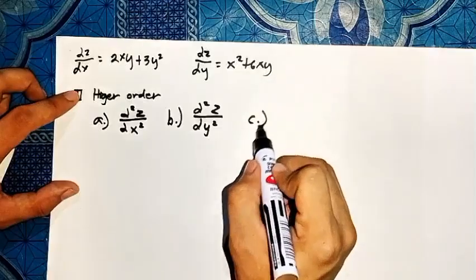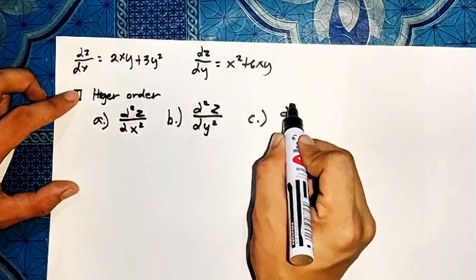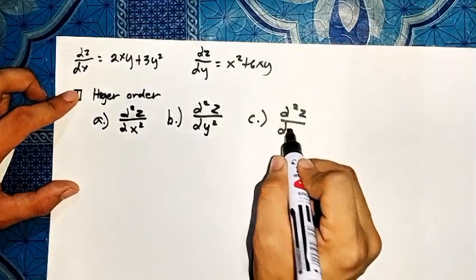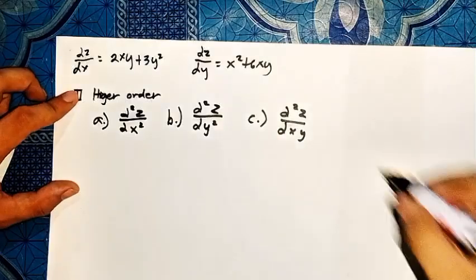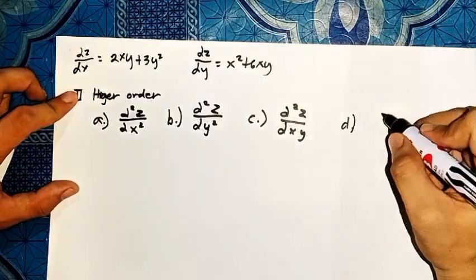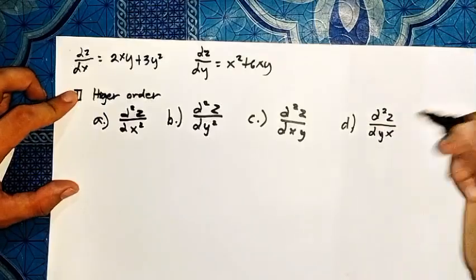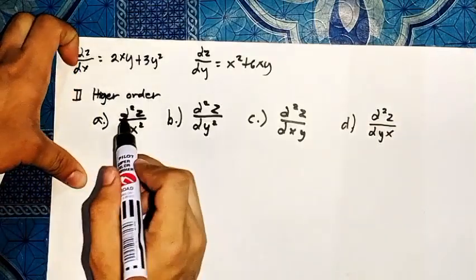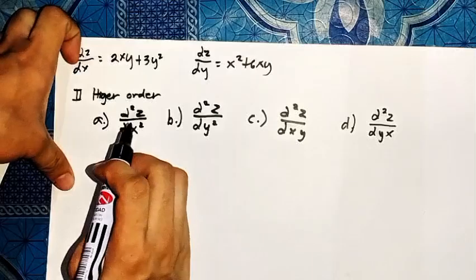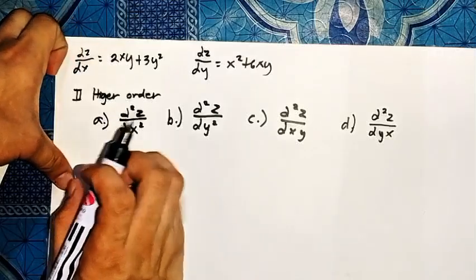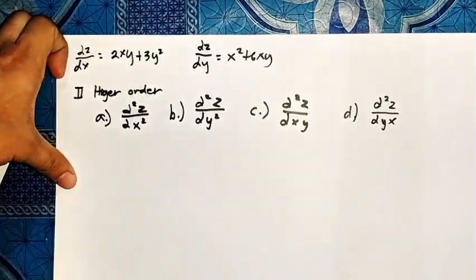C is partial squared z partial xy. And D is partial squared z over partial yx. As you can notice, we have partial squared z, right? Meaning, we will derive the function twice, since it is higher order.